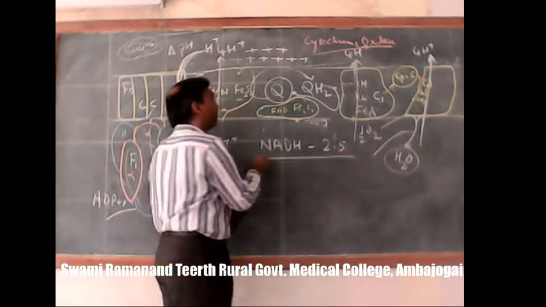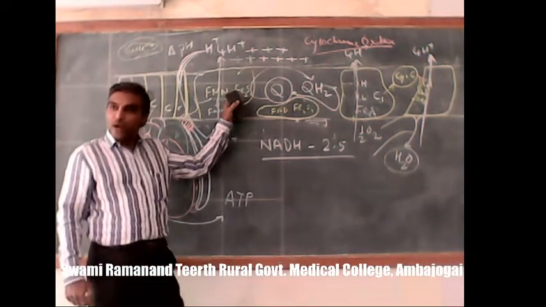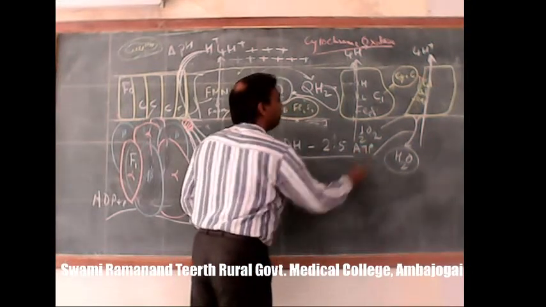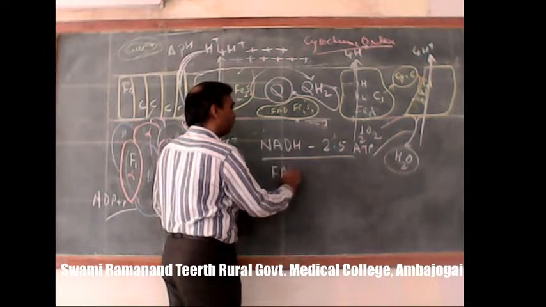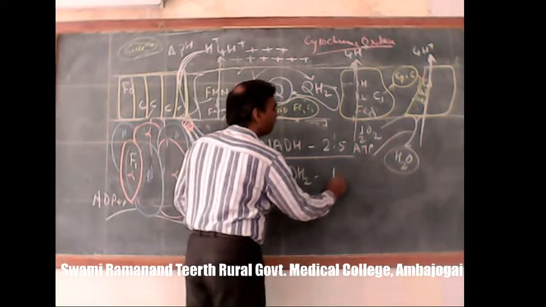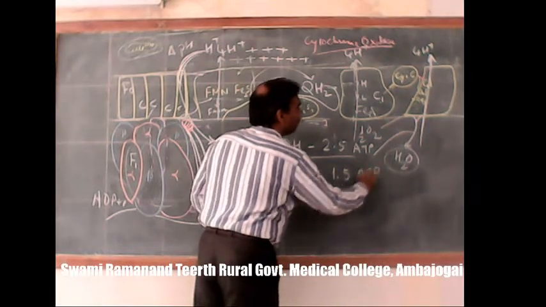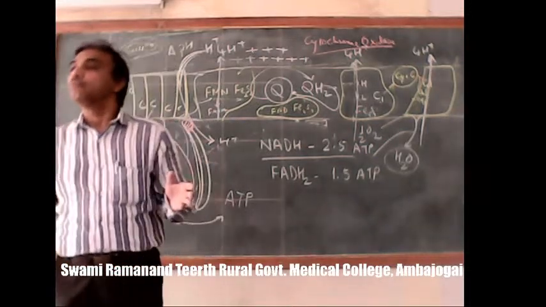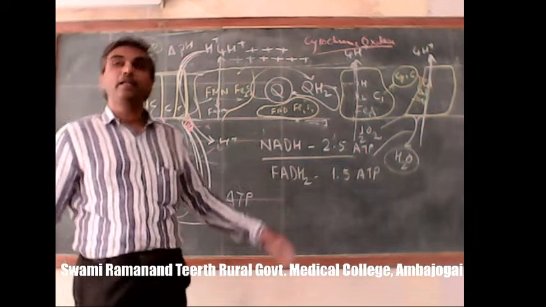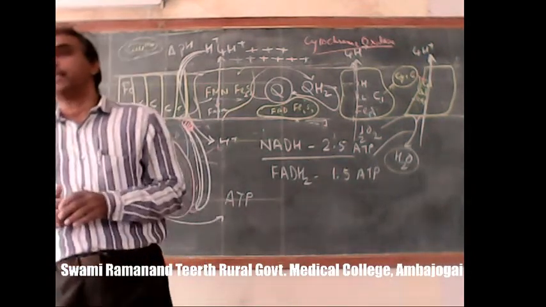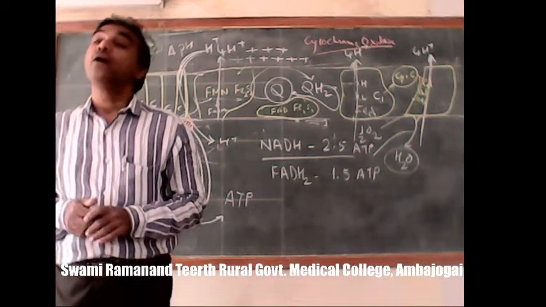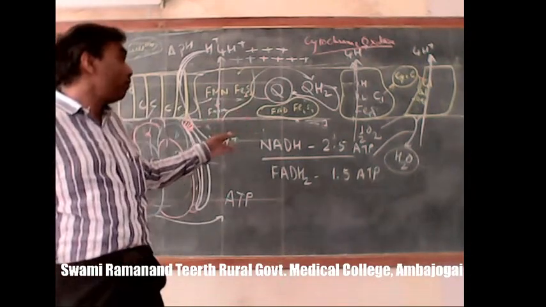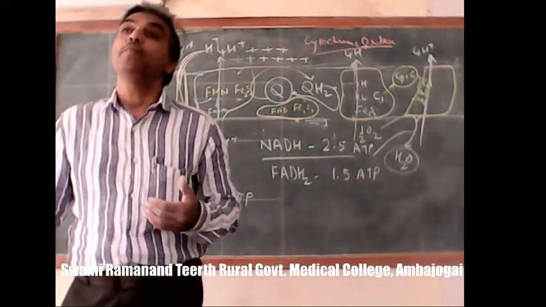That is, if substrate enters at complex 1, you get 2.5 ATPs, and if it enters at FADH2 level or complex 2 level, you will get 1.5 ATP. Before that, it was said to be 3 ATPs and 2 ATPs, but nowadays we say that it is around 2.5 ATPs and 1.5 ATPs. They are formed when electrons are passed from complex 1 and complex 2.